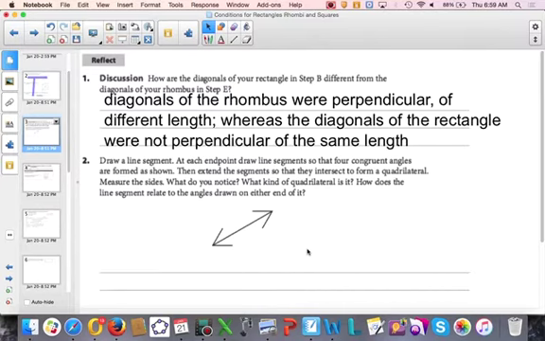In the next activity that they have you walking through, they say draw a line segment. At each endpoint, draw a line segment so that 4 congruent angles are formed as shown, and then extend the segments so that they intersect to form a quadrilateral.